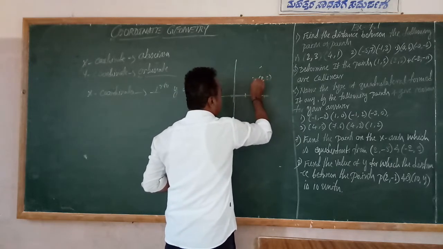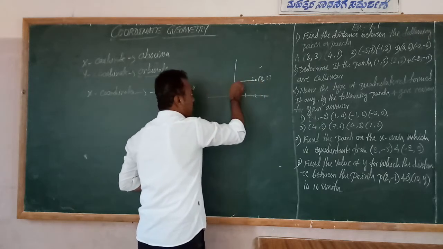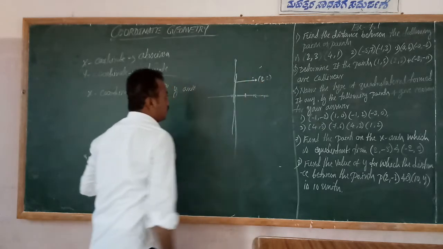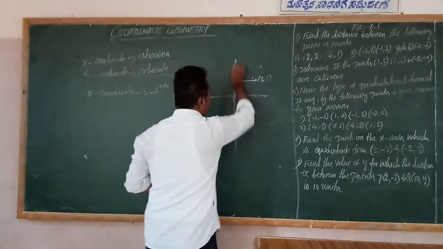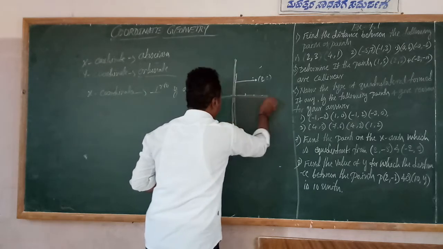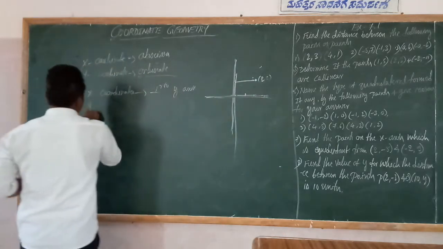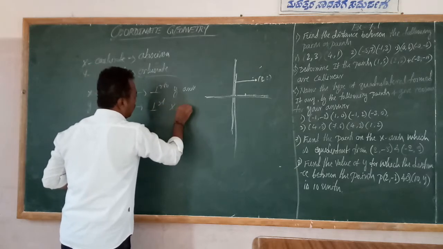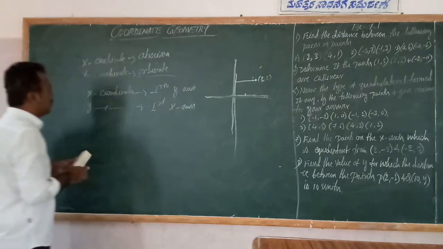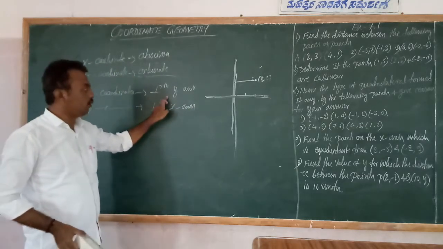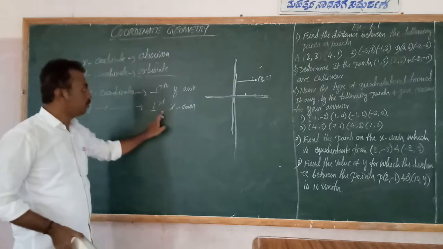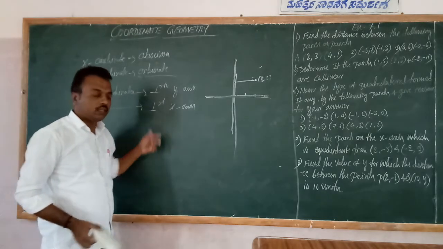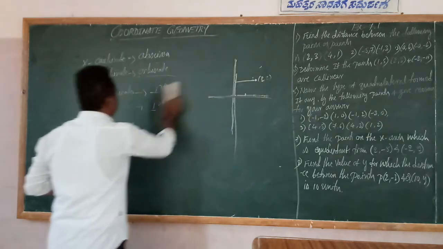So this point is always perpendicular to the y axis, and then the y coordinate is always perpendicular to the x axis, vice versa. Understand? So x coordinate is always perpendicular to the y axis and the y coordinate is always perpendicular to the x axis, vice versa.